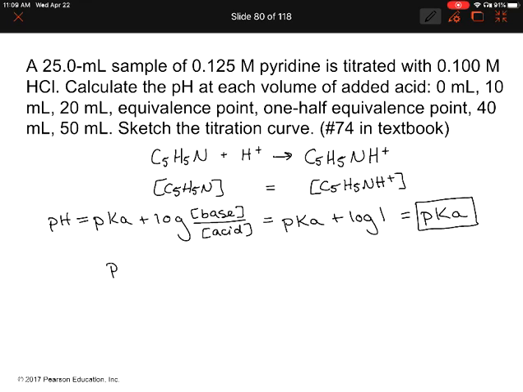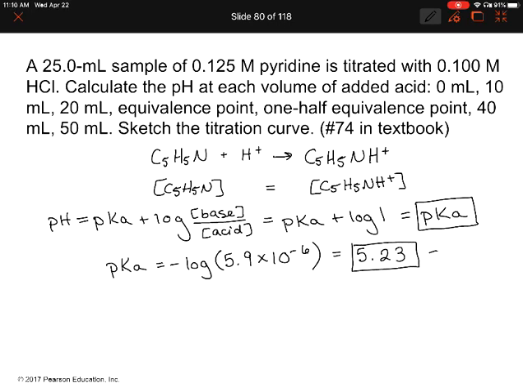So earlier we saw that the pKa was equal to the negative log of the Ka value. And we found that the Ka value for this solution is 5.9 times 10 to the negative 6th. So if we plug that in, we get a pKa value of 5.23. And that is also equal to the pH at the half equivalence point.